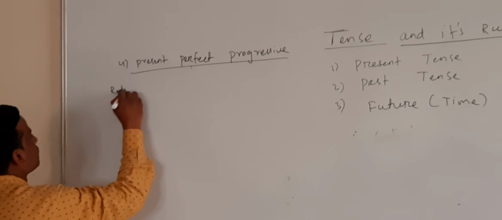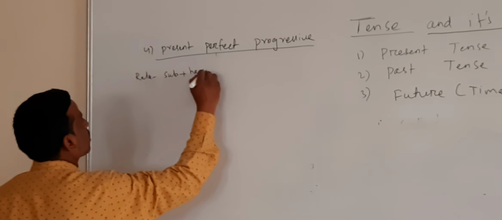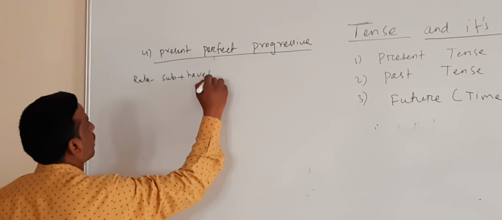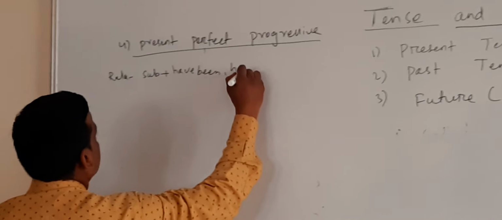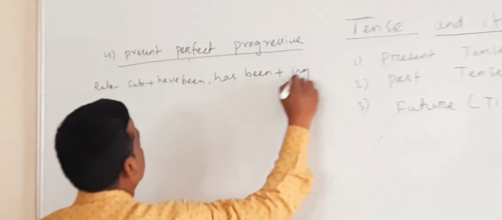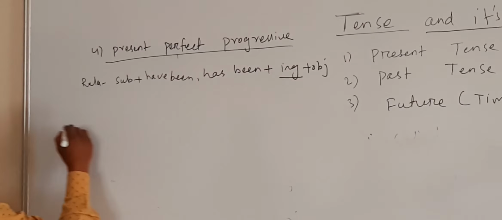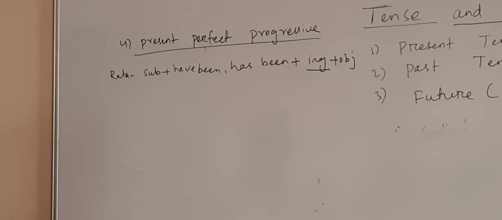Its rule is subject, helping verbs have been or has been, and the ing form of the verb. Present verb is called verb 1, past verb is called verb 2, past participle is verb 3, and ing form is the short form.